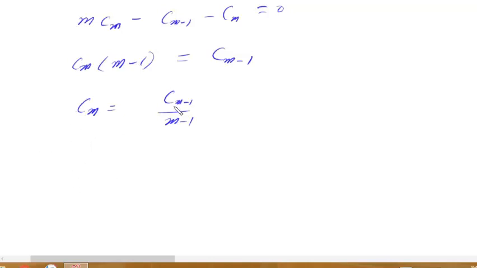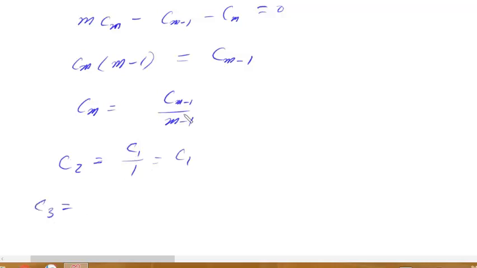First we put the value of m is equal to 1. Here we cannot put the value of m is equal to 1 because this is infinity. Then we put the value of m is equal to 2, this is c2, and this is c1 divided by 1s, which means this is c1.